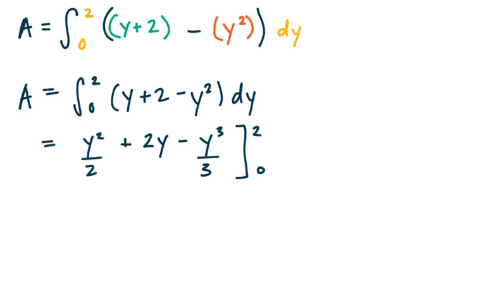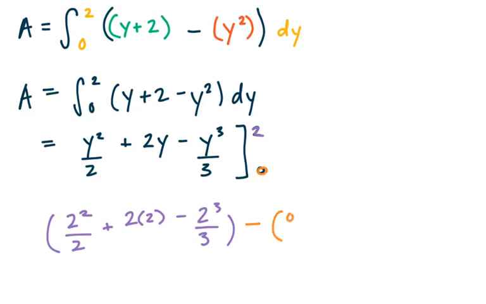I'll plug in my 2 value first. 2 squared over 2 plus 2 times 2 minus 2 cubed over 3. Minus, we'll plug in 0, and when I plug 0 in, I'm going to get 0 for all of these terms. 0 squared divided by 2 is 0, plus 2 times 0 minus 0 cubed over 3.